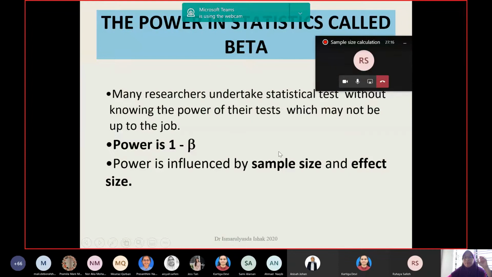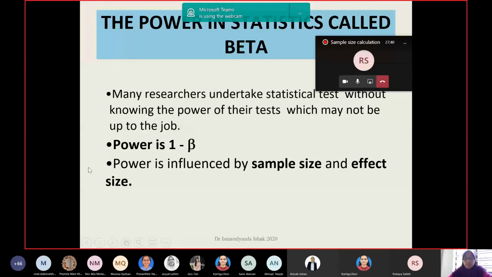So the power in statistics is related to beta. In statistics, the more power, the more you can be sure that there is a treasure, or there is a significance in your study. Many researchers undertake statistical tests without knowing the power of their test, which may not be up to the job.